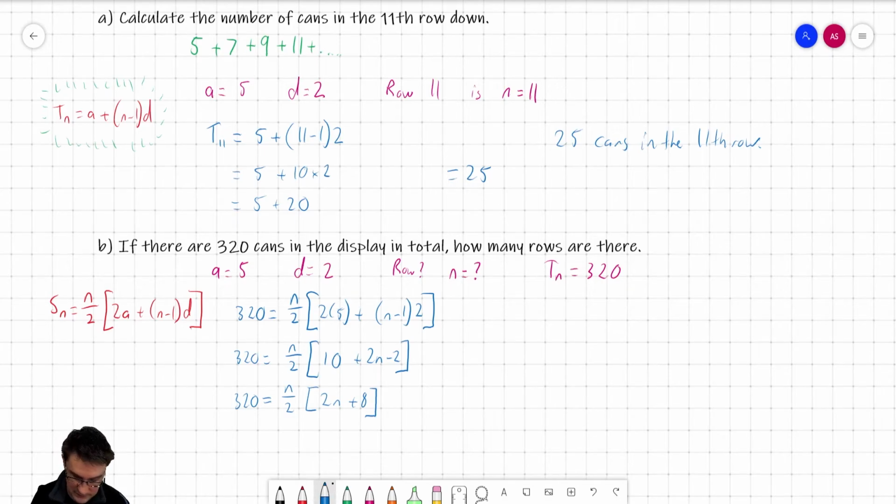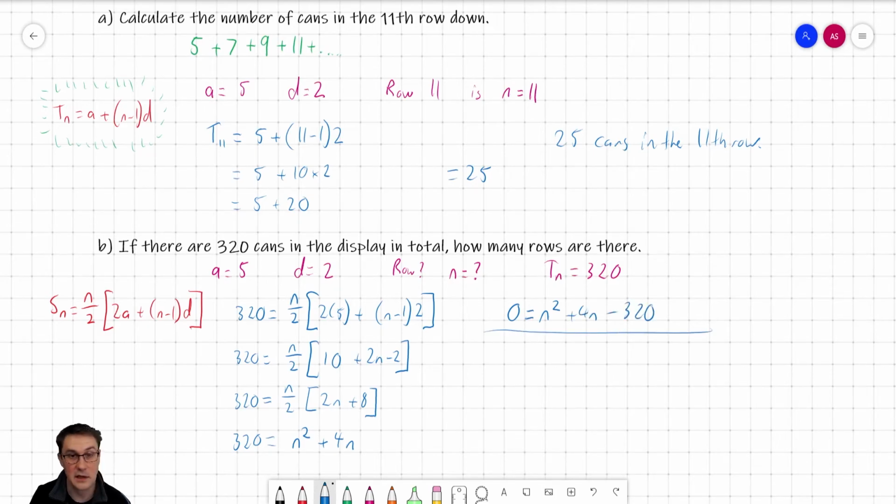I'm going to have 320 equals n over 2 times 2n, which is just n squared, plus 4n when I do n over 2 times 8. Now, rearranging this, I have 0 is equal to n squared plus 4n minus 320.